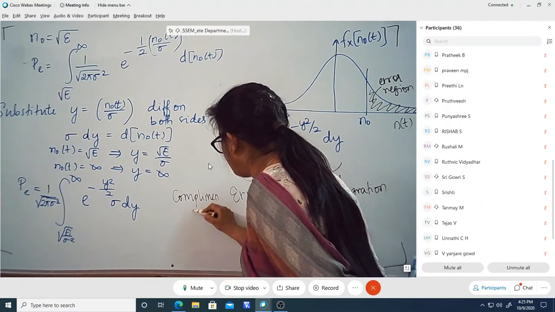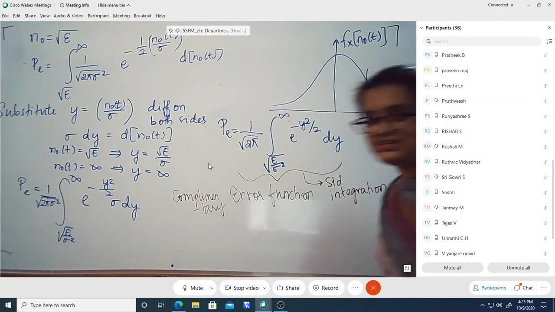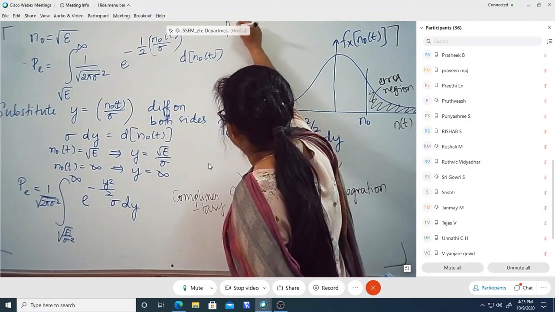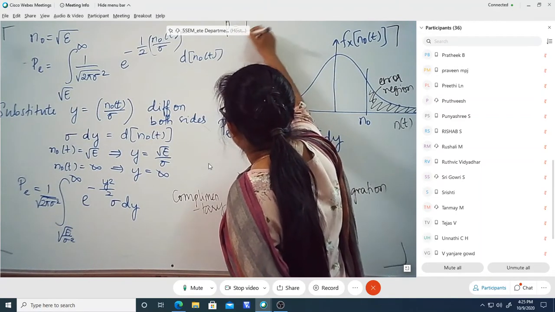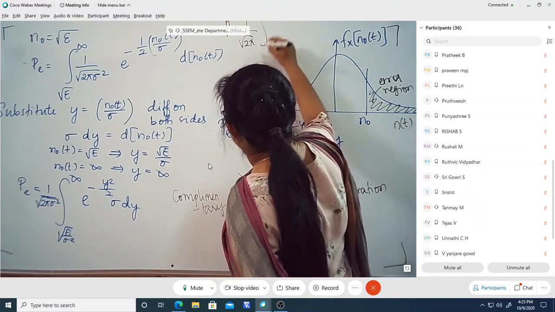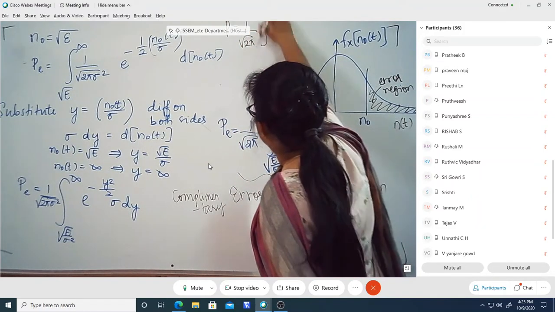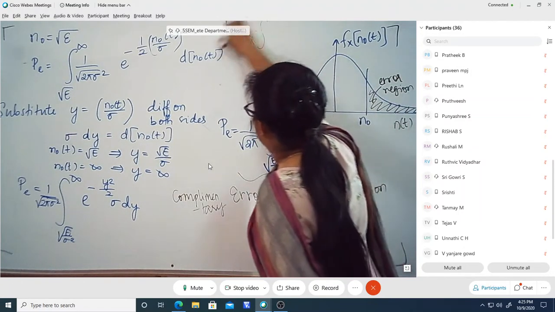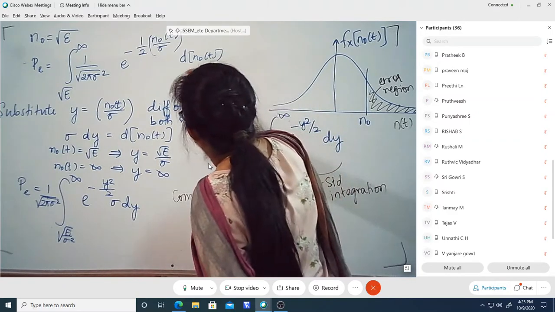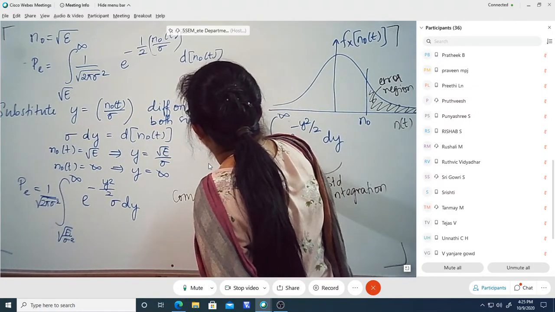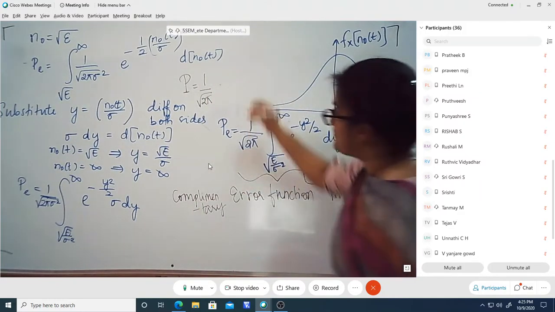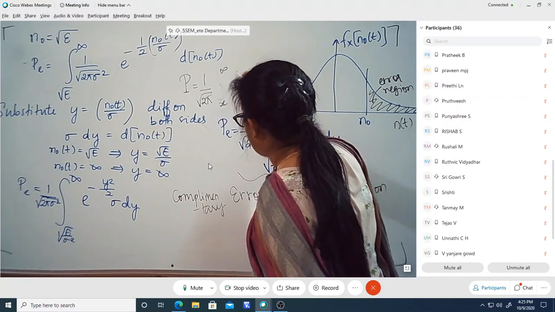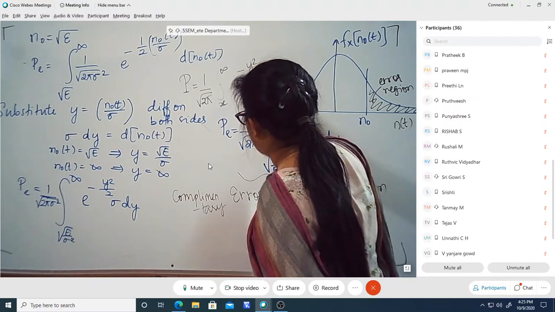Another form of complementary error function: whenever I have an integration, I write it as p, 1 over under the root 2 pi integral from x till plus infinity of e raised to minus y square by 2 into dy.